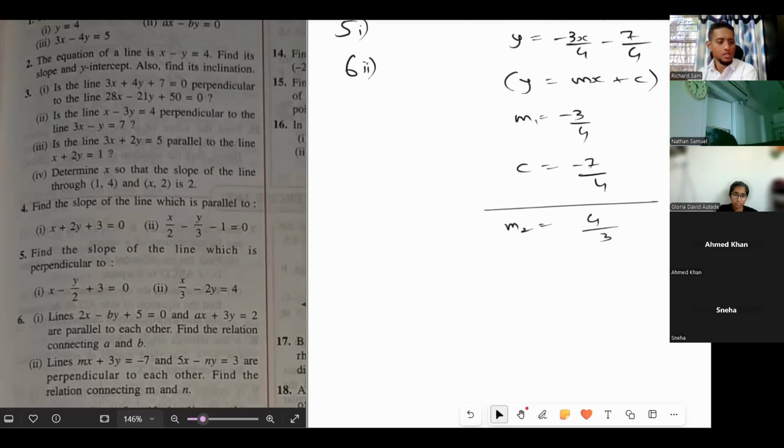In the fifth question, we have to find the slope of the line which is perpendicular to this. So first you find the slope of this particular line that's given, and then find the slope of a line perpendicular to that. By substituting in the formula m1 into m2 is equal to minus 1, we have m1, and we have to find m2.